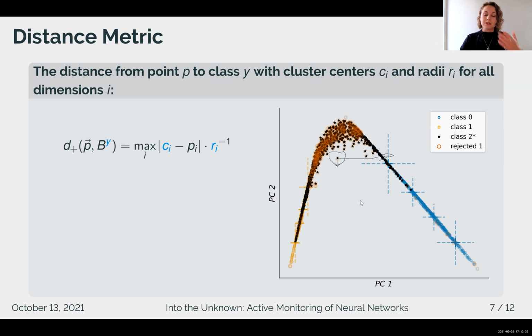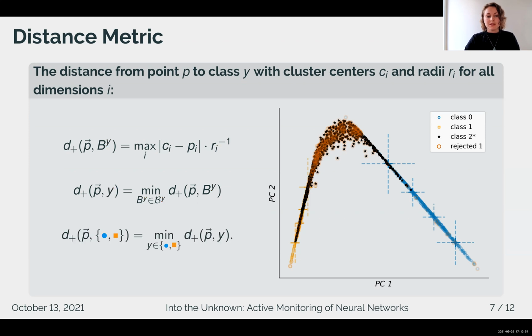Then we find the closest cluster, and this will be the distance to the blue class. We do the same for the orange class. We compute the distance to all the orange clusters, and then we take the one which is the closest. So this minimum distance will be the distance to the orange class.